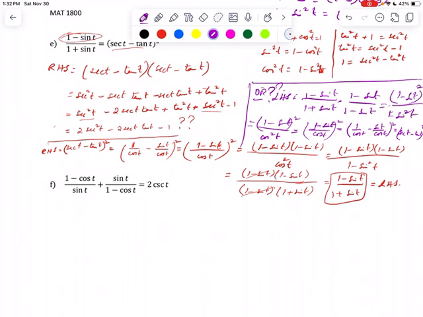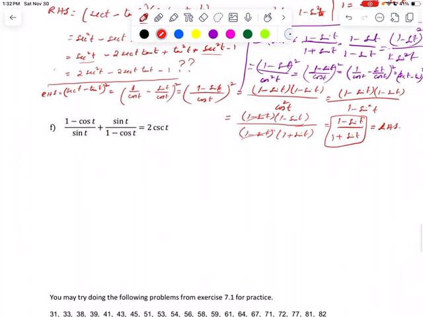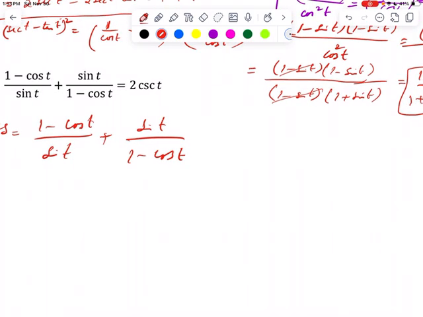Now looking at the next problem, which is the last one here. So we have the left side looking complicated, so we will just start with the left hand side. Okay, so remember, whenever you have two fractions being added or subtracted, the first thing that should come to mind is common denominator.